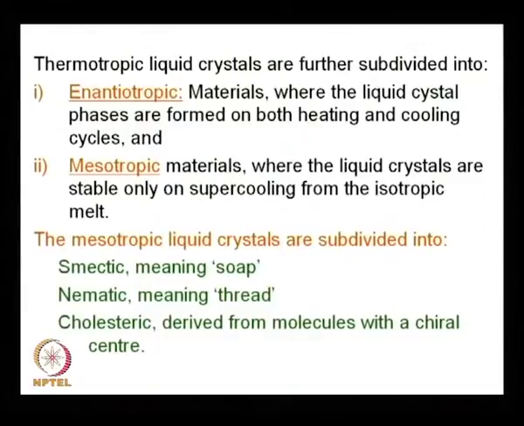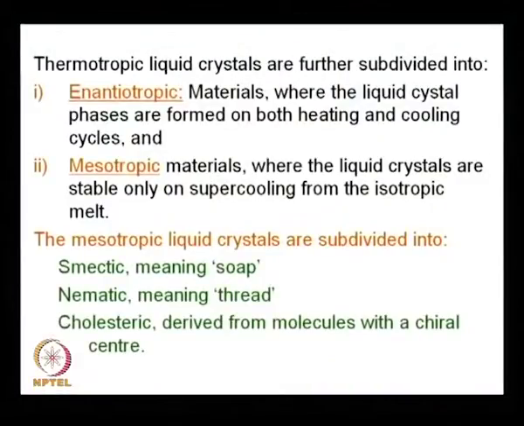Thermotropic liquid crystals are further subdivided into enantiotropic, which are materials where the liquid crystal phases are formed on both heating and cooling cycles. Repeated heating and cooling, we can get this liquid crystalline behavior. Monotropic materials are those where the liquid crystals are stable only on supercooling from the isotropic melt.